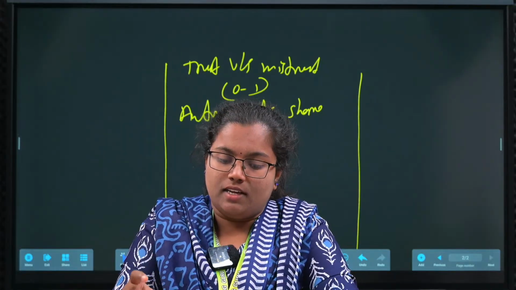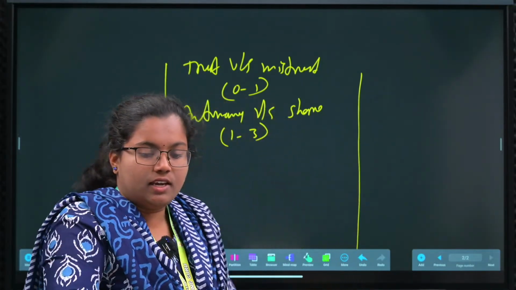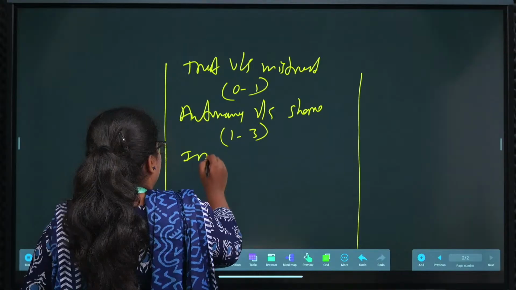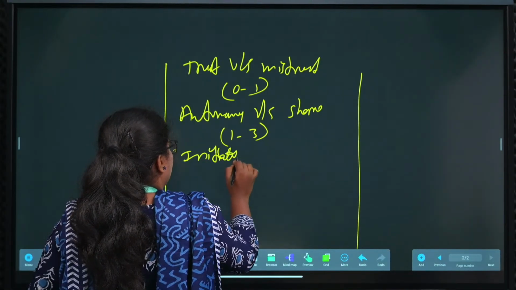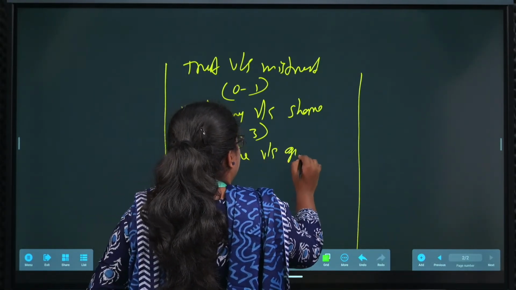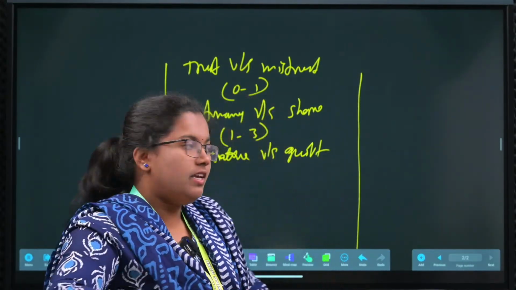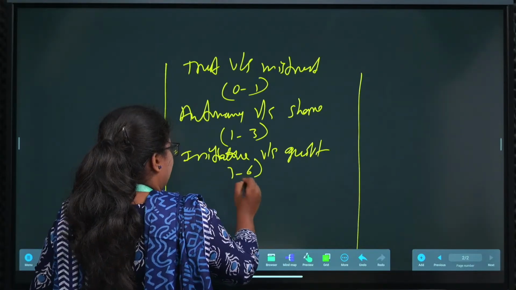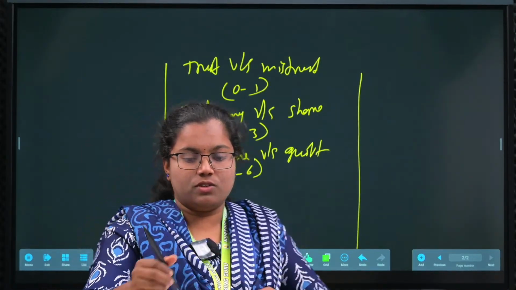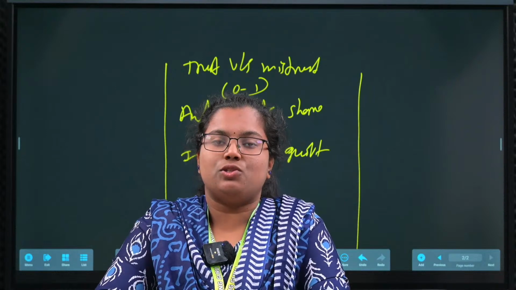And the next one is initiative versus guilt. It will start from 3 years to 6 years.